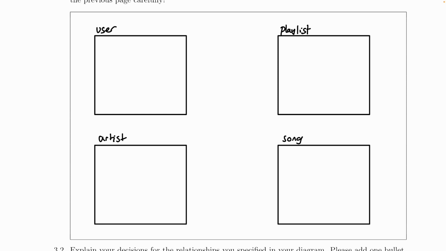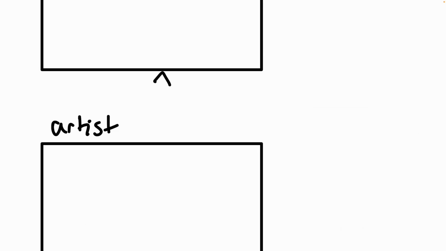Maybe I want to favorite the artists that I like, right? That might be a valid type of relationship. Whether you include a relationship or don't, that is okay between these tables. But if you do include one, such as here a many to many, make sure that you justify why.